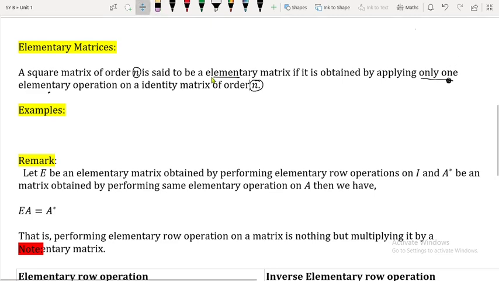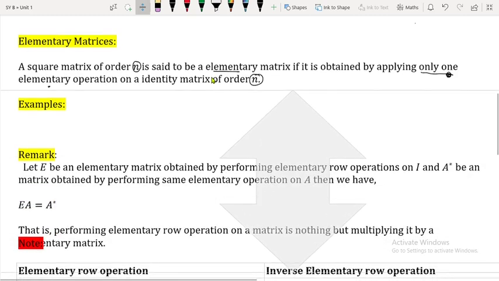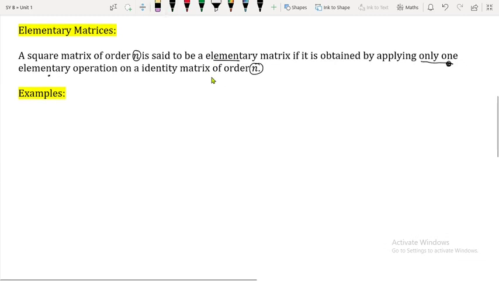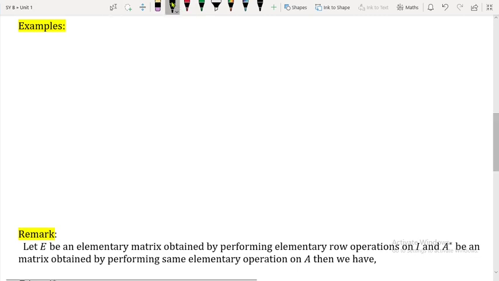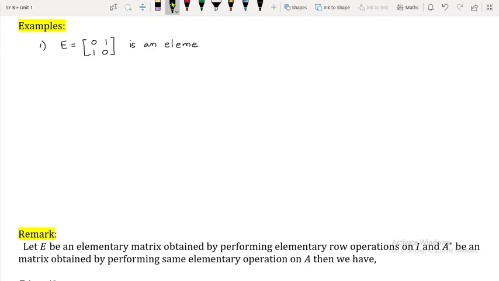Here I'll just make some space. The first example is E equal to 0, 1, 1, 0, which is an elementary matrix of order 2.